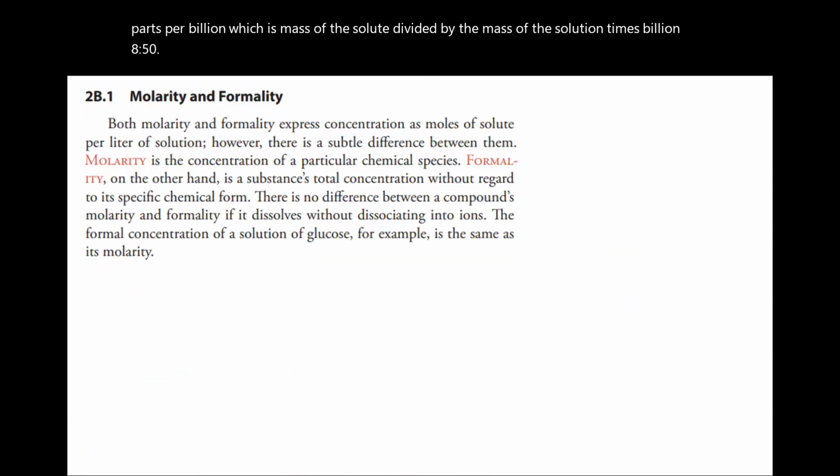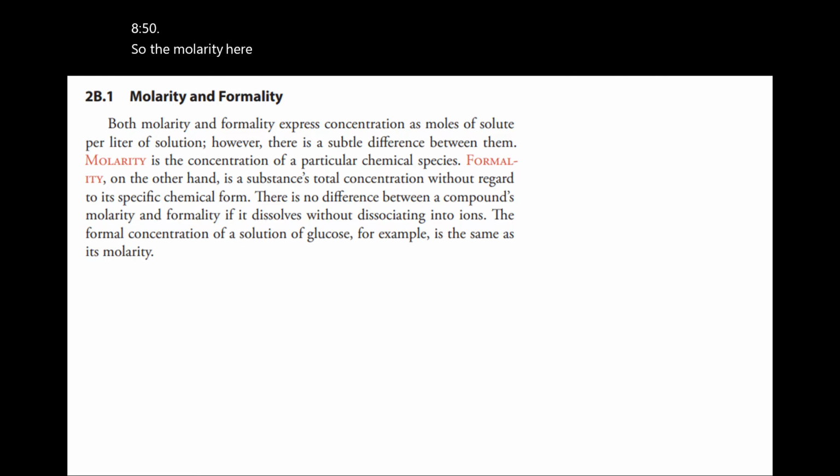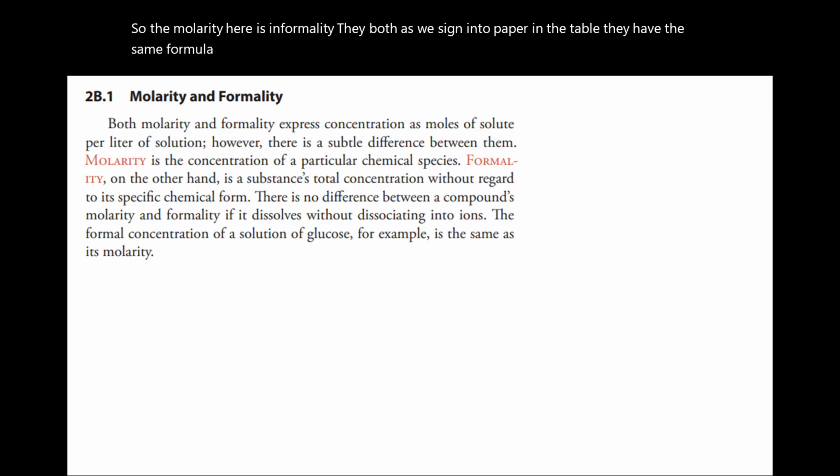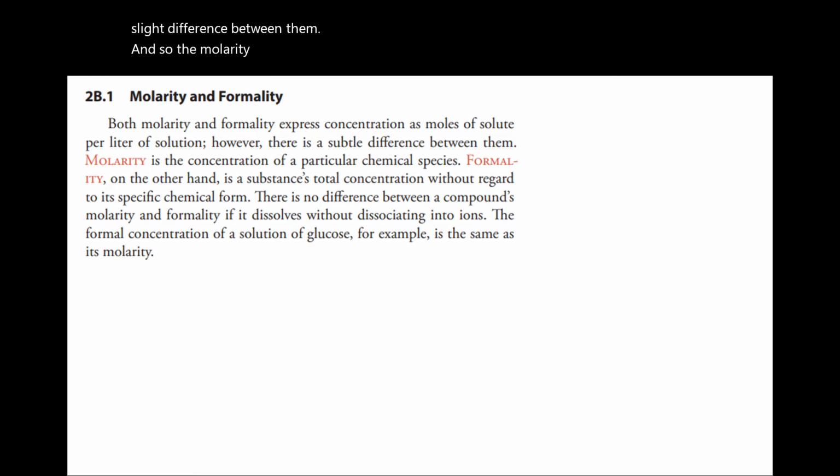So molarity and formality, as we saw in the table, they have the same formula, the moles of solute per liters of solution. There's a slight difference between them. The molarity is the concentration of a particular chemical species.